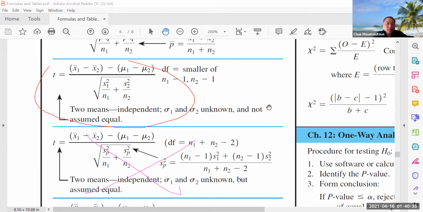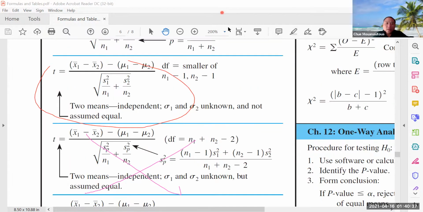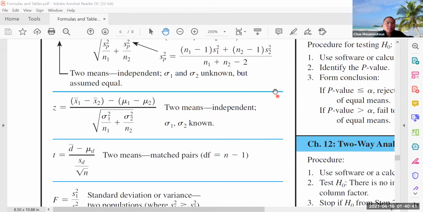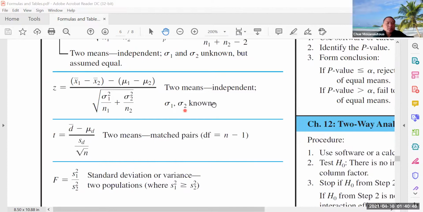All right, let's look at another formula, right? Now we're also going to ignore this formula. We could focus on these two.